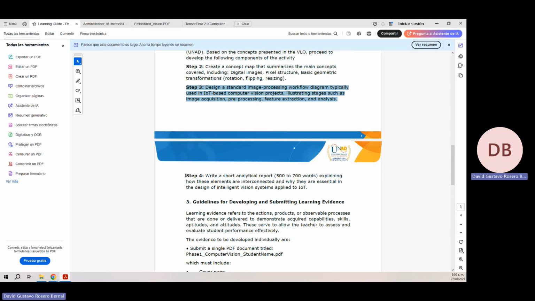And the third and last deliverable will be this, the analytical report, 500 to 700 words. The report is the most important deliverable because it integrates the literature with your understanding. I suggest the following structure: introduction, explain why image processing is essential in computer vision.